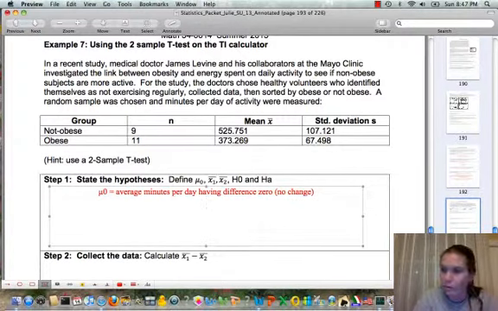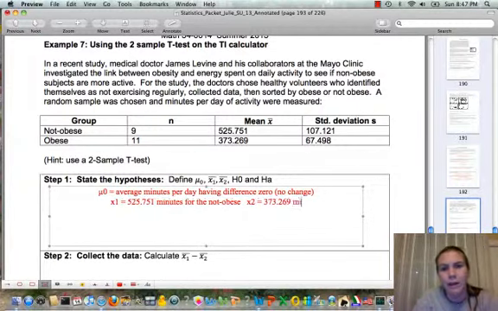That sounds a little more normal. Then x1, and pretend my x's have bars, is going to be 525.751 minutes for the not obese group. So I'm just taking the first row as x1. It doesn't really matter what you choose as long as you're consistent. And x2 will be 373.269 minutes for the obese group.